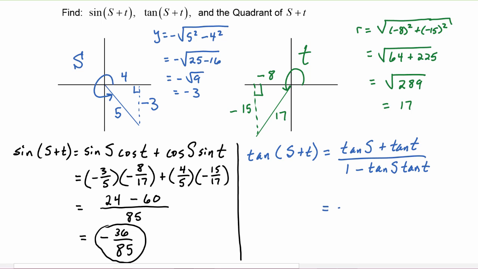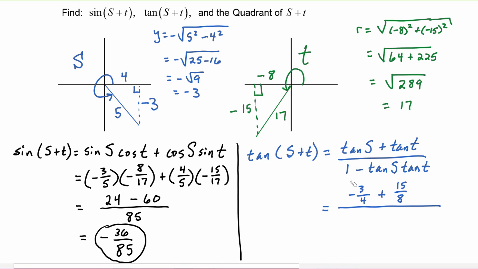And now let's fill in the values. Tangent of s is going to be the y value over the x value, so that is negative 3/4, plus tangent of t is its y value divided by its x value, so that's going to be a positive 15 over 8.